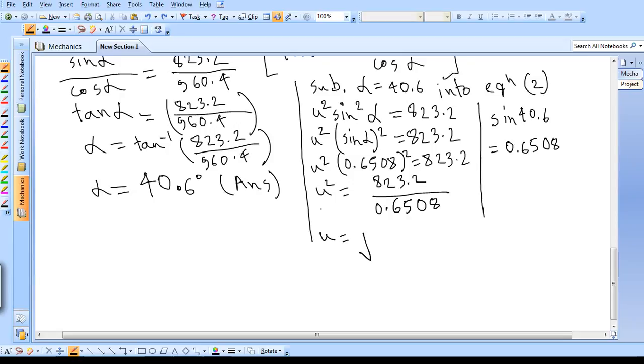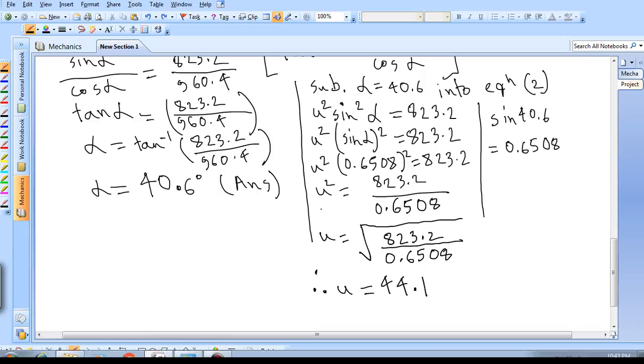U is equals to root over 823.2 by 0.6508 square. Therefore, if you evaluate this value, you will get something like 44.1. If we round off this one, you will get 44 meter per second. Okay, so the value of u is 44 meter per second.